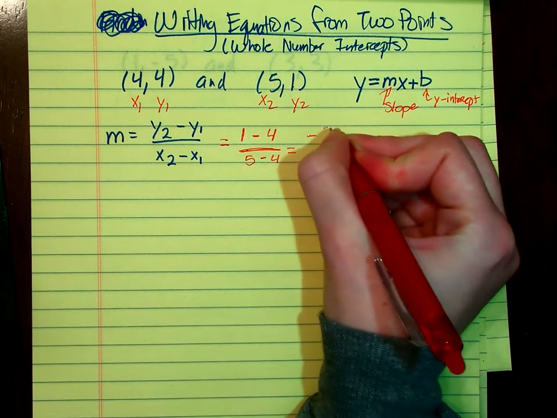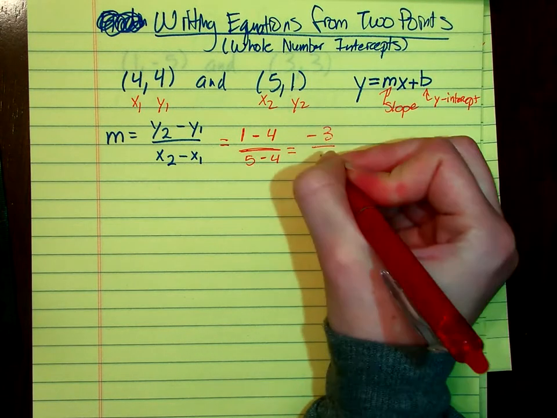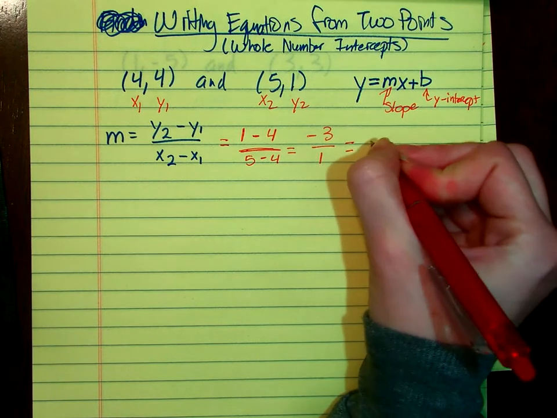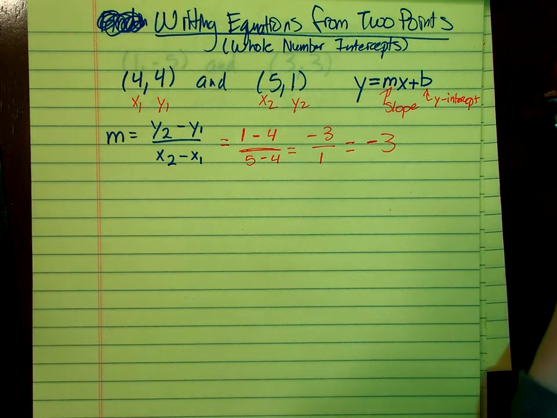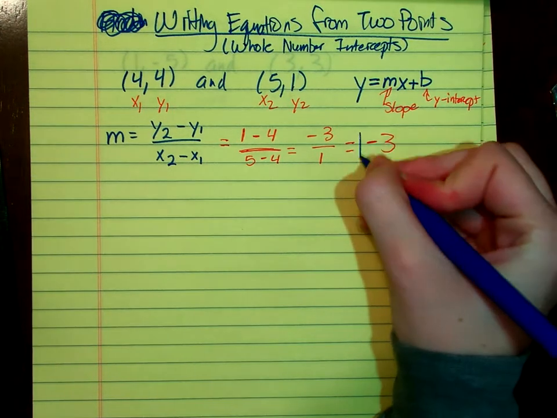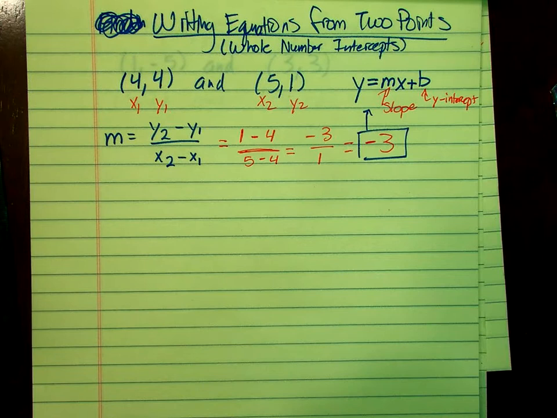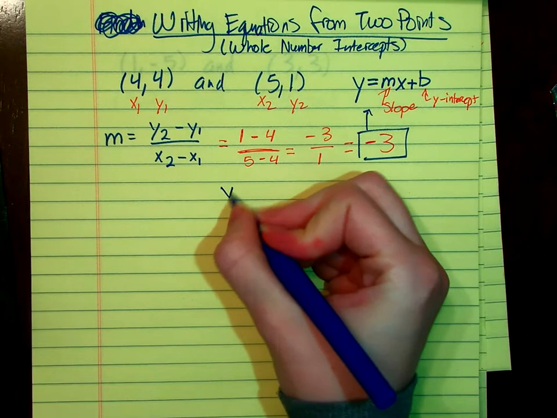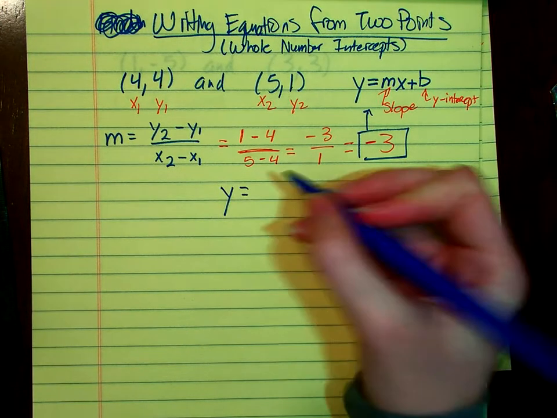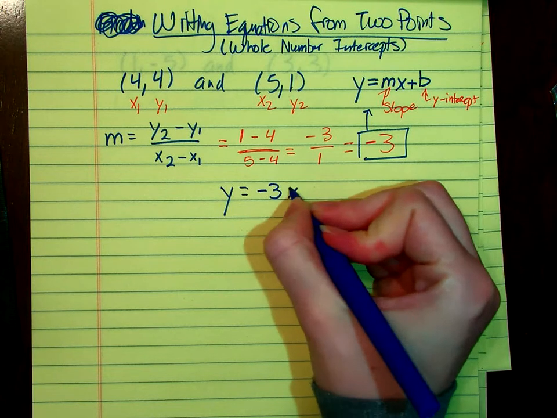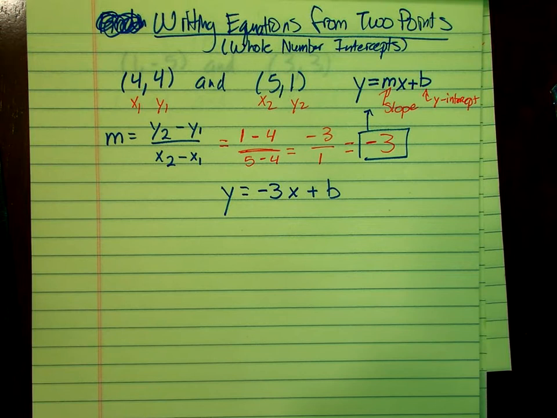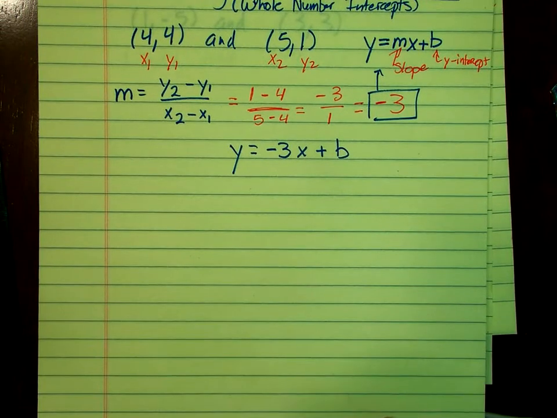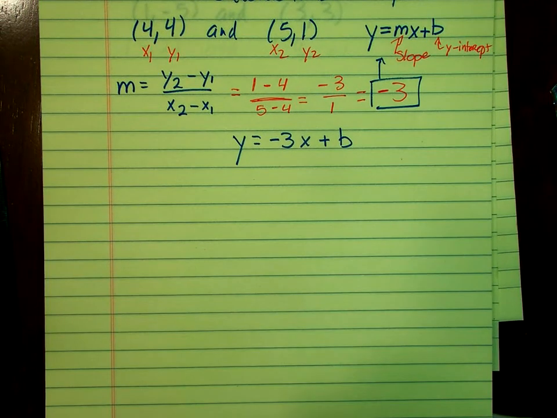So I'll wind up with -3 over 1, also known as just plain old -3. Now we're going to try to plug this guy into this equation. So what do we know so far? Well, we know it's y equals -3x plus something. And we don't know that something yet, but we can figure out that something.